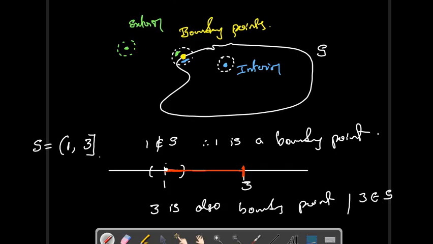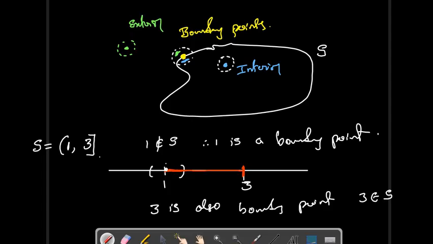So boundary points may lie in the set or may not lie in the set. Okay, so I hope it is clear what an exterior point and a boundary point are, and the difference between the two. Now let's take some examples.